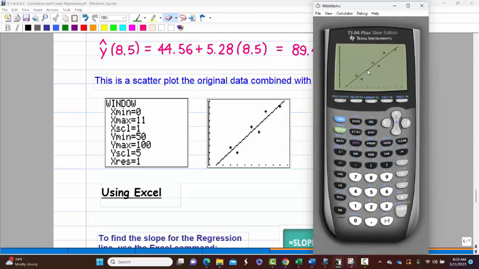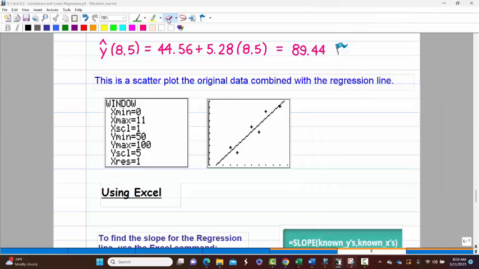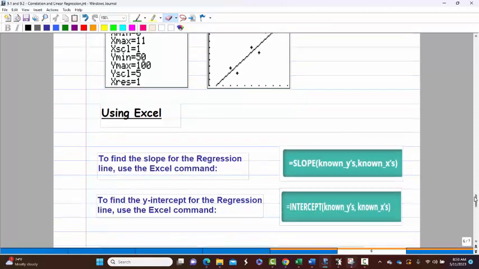Looks like I'm using a different symbol here for some reason. I must have changed it to little baby squares versus little plus signs. That doesn't make any difference, obviously. And there it is. That line is your line of best fit that goes with that scatter plot. You can do that if you want to, but you don't have to worry about it.